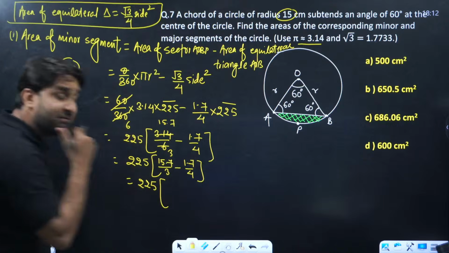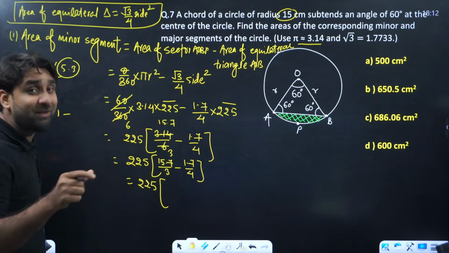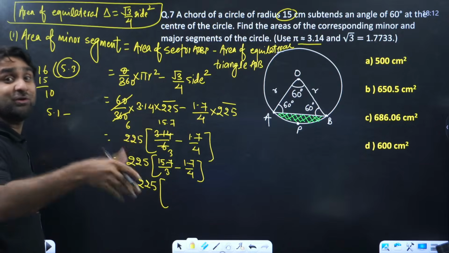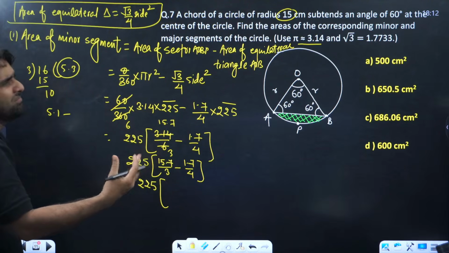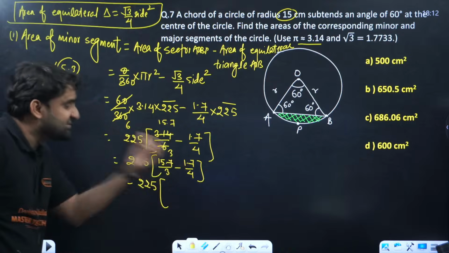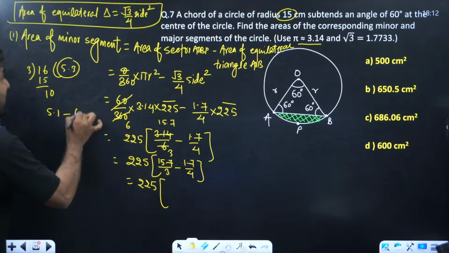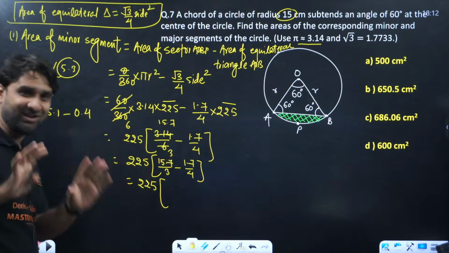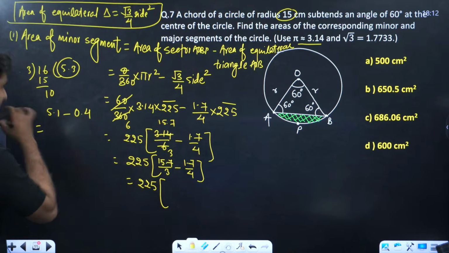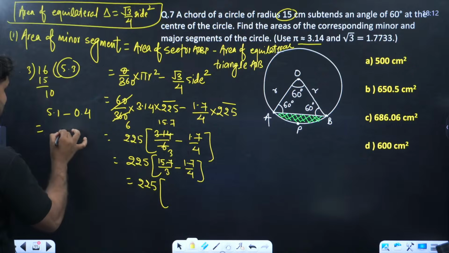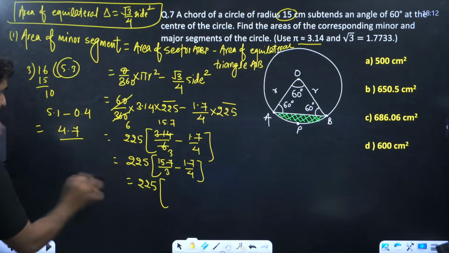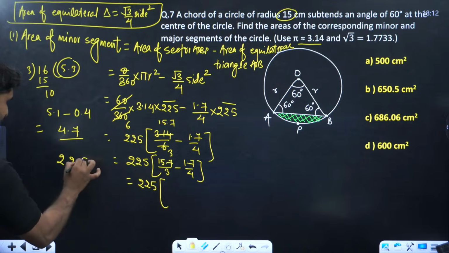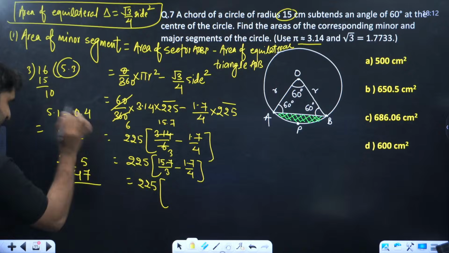So 2 divided by 4, 1 by 2, and 1 by 2 is equal to 0.5. Correct? And 0.5 we can reduce by 1 because this is 1.7. So 0.5 might be 0.4. This is the logic, guys. So 5.1 minus 0.5 can be written as 4.7. And if you multiply 225 into 4.7, let's check the result.